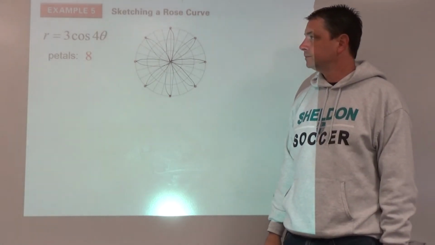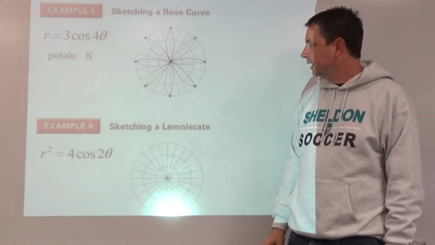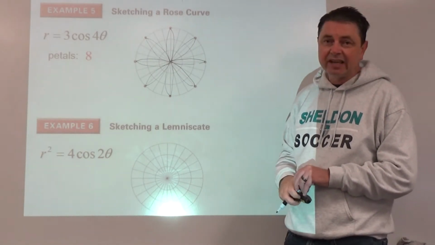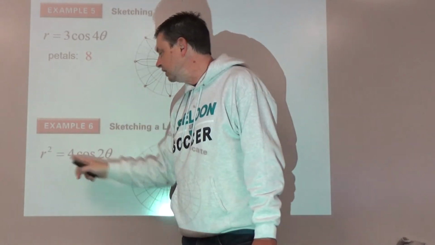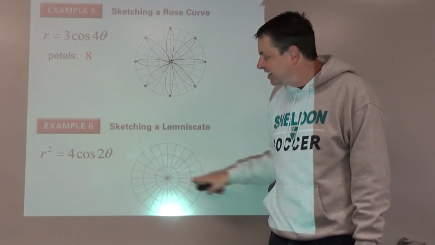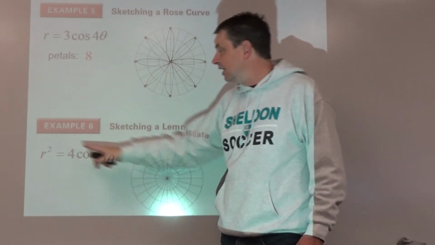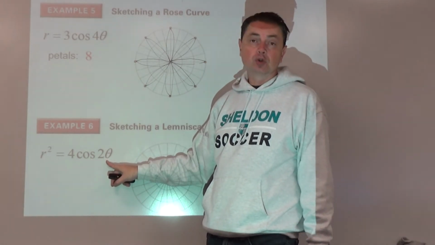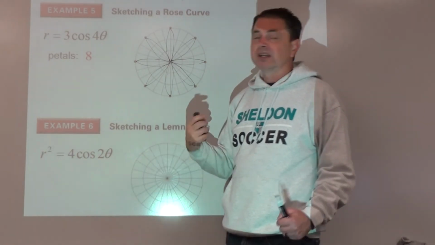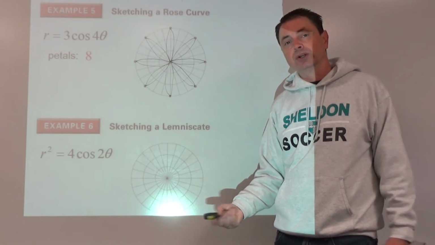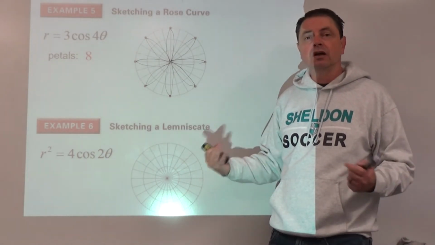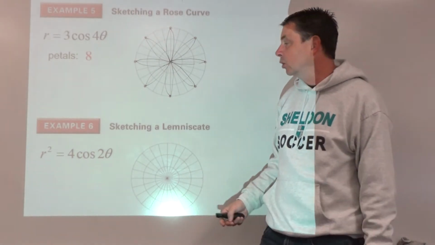Rose curve. Example number 6, lemniscate. We see that r squared equals a cosine, so that's going to be symmetric about the x-axis. We recognize it as r squared equals cosine 2 theta. We're interested in the a value, which is how far the tips of the figure 8 are from the origin.